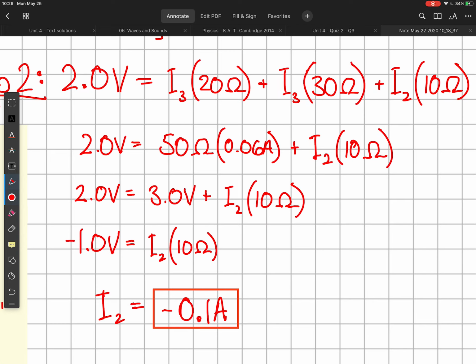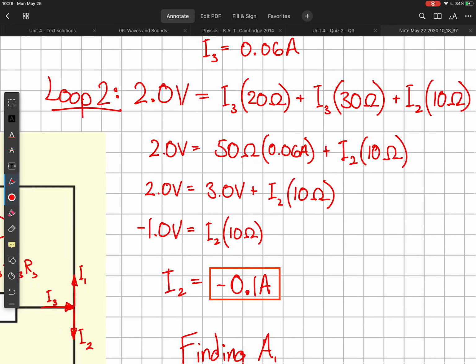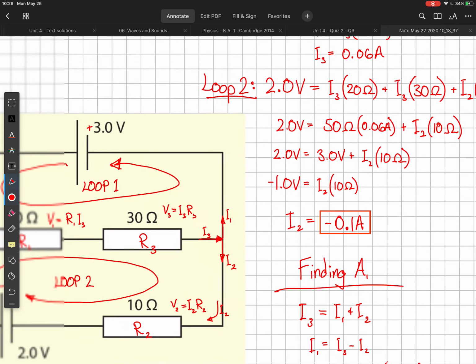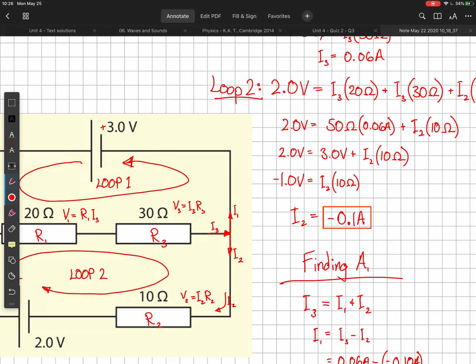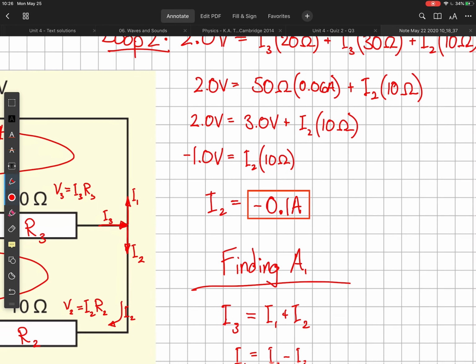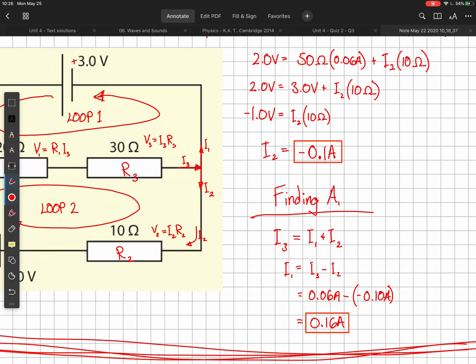And when we solve our equation, after plugging everything in, we will get negative 0.1 amps. Okay, so this is one of those times where loop direction is going to have an impact, right? We're deciding which way is positive and negative here.